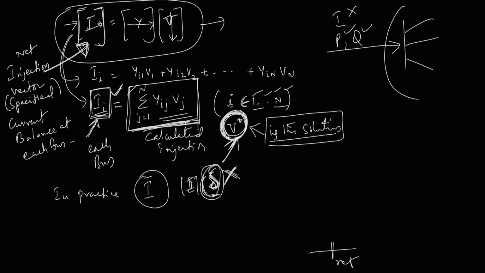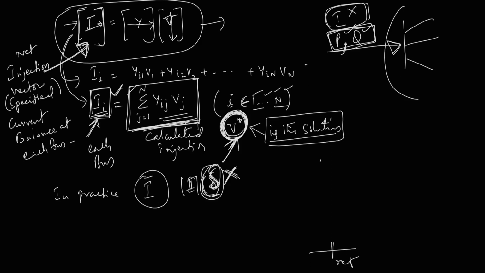So as power system engineers, instead of representing the injections in terms of currents, I now represent the net injections to the buses as active power P and reactive power Q. Okay, how can I do that?